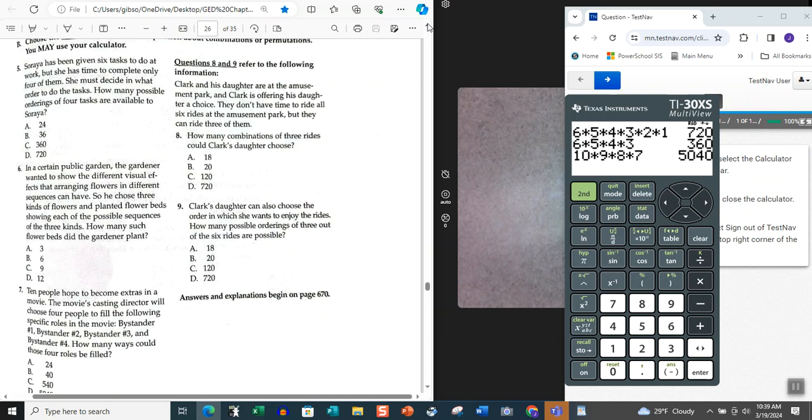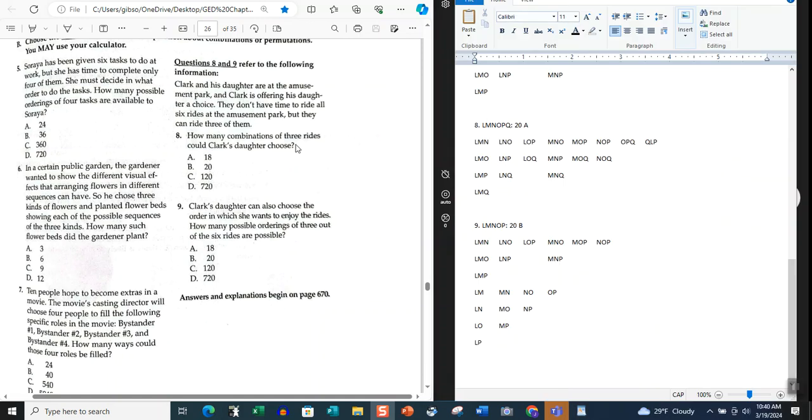Okay class, this is a combination. Now it says how many combinations, just reread it again, how many combinations of 3 rides could Clark's daughter choose? Now if you look back at problem number 8 from the first part of lesson 8, they gave us the same scenario. You were only allowed to pick 3 of the 6. And these are all the combinations. You can name the rides L, M, N, O, P, Q. And then you can write down all the combinations.